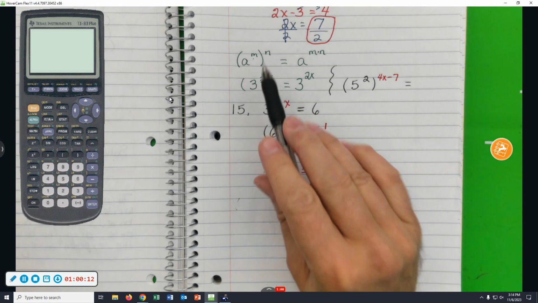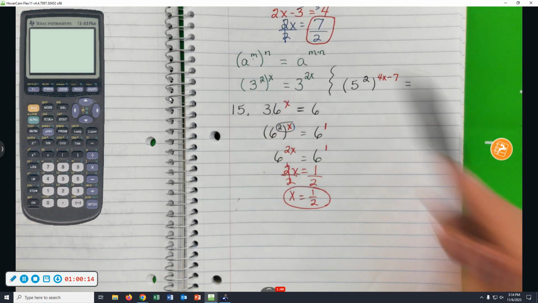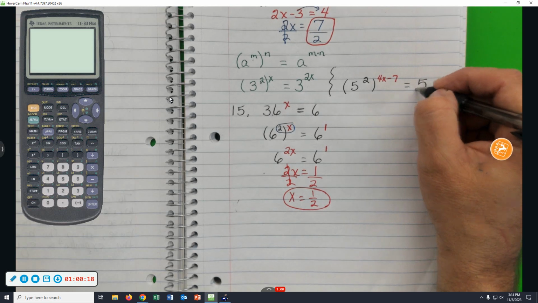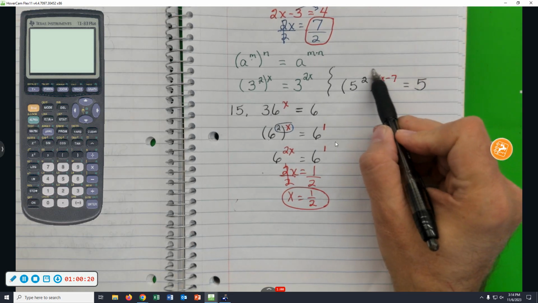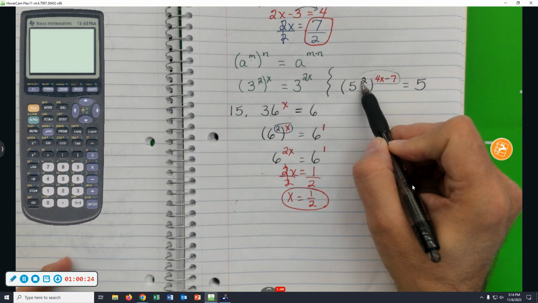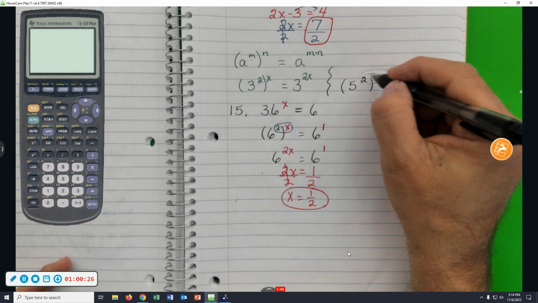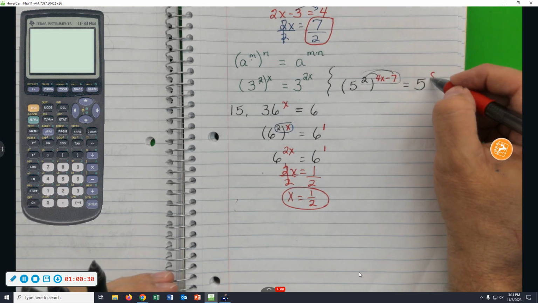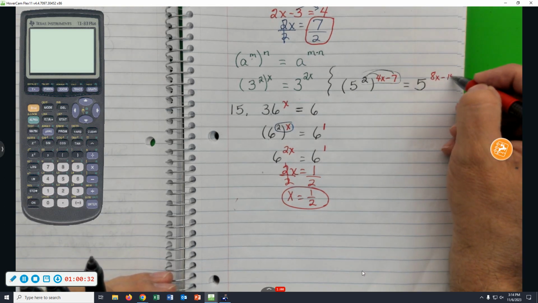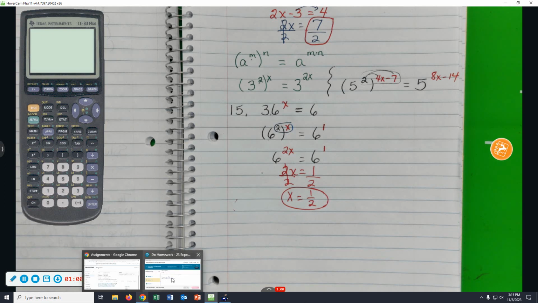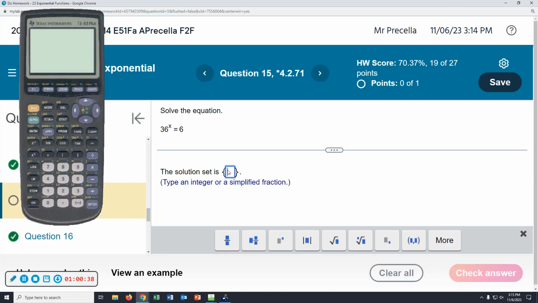Here, to raise one power to another, you multiply the exponents. There's a D word I'm looking for here. What am I going to have to do to multiply this stuff together here? Distribute. That's right. It's not just going to be an 8x minus 7. It'll be an 8x minus 14. Okay? But I need to type in, what was the answer? 1/2. 1/2. Okay.